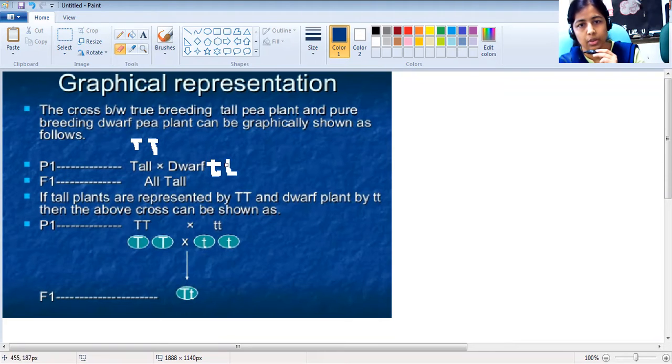All were found to be the dominant type in the F1 generation, that is, all tall plants. So the cross was taken between this tall one and the short one, which resulted in the tall one.